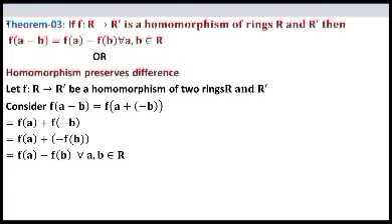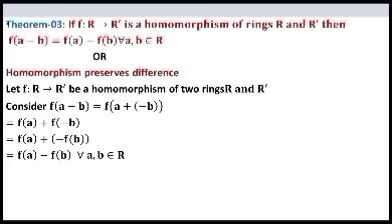Next theorem: f from R to R dash is a homomorphism of rings R and R dash. Then f of a minus b is equal to f of a minus f of b for all a, b belongs to R. Or the above statement can be restated as: homomorphism preserves difference.